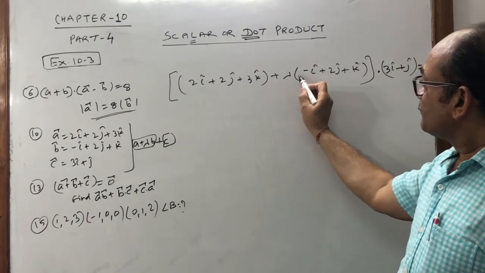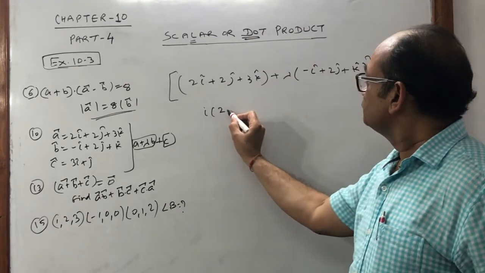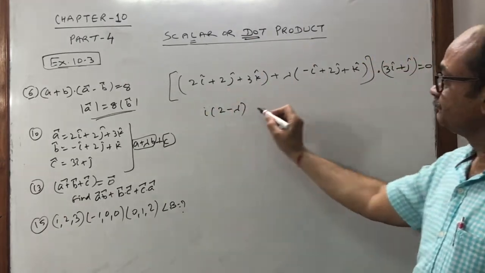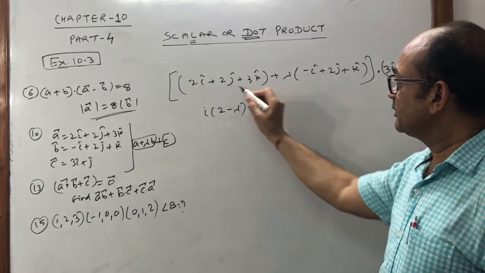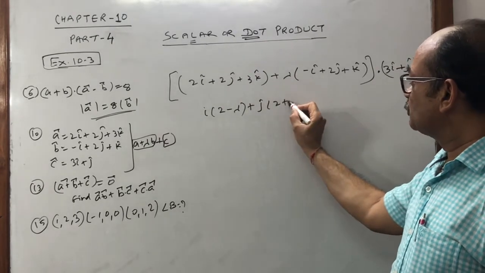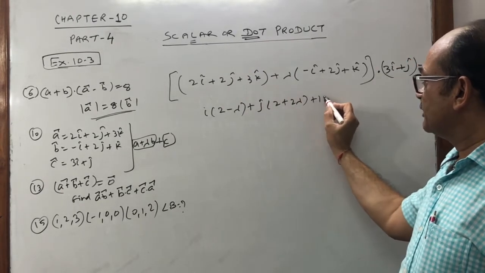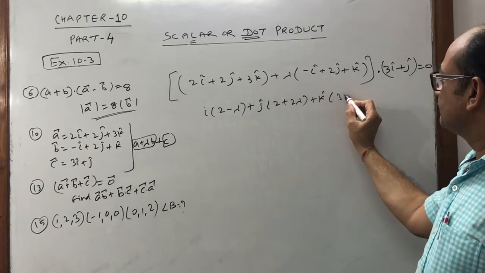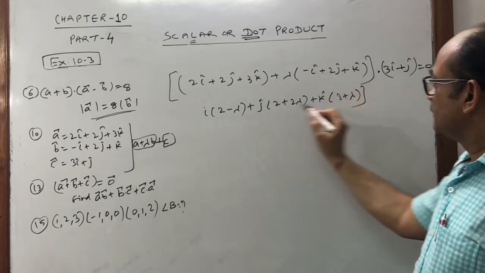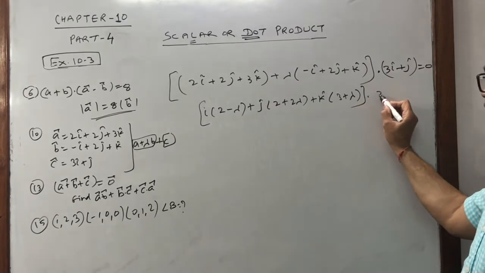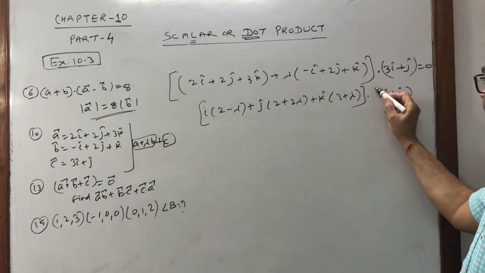Now 2i is common, 2 minus lambda, plus j is common, 2 plus 2 lambda, and k is common, then 3 plus lambda. Dot product with 3i plus j.